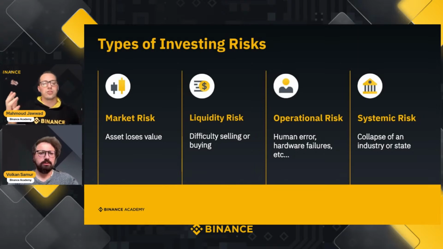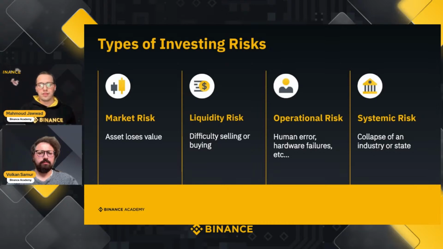And then you have something called operational risk, where potential losses stem from operational failures, such as human error, hardware, or software failure. And finally, there's systematic risk, including possible losses caused by the collapse of the entire industry, market, and financial system.